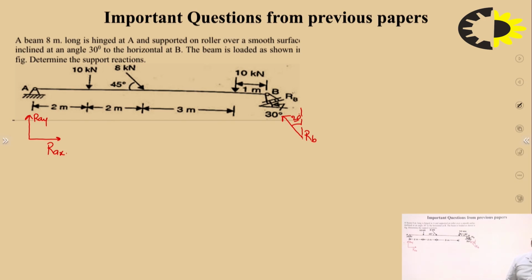Please be sure this will be 30 degrees, because the plane is inclined at 30 degrees with the horizontal. So, the perpendicular reaction RB on the plane will be inclined at 30 degrees from the vertical. Here the components will be RB cos 30 and RB sin 30. So, the first job is done.